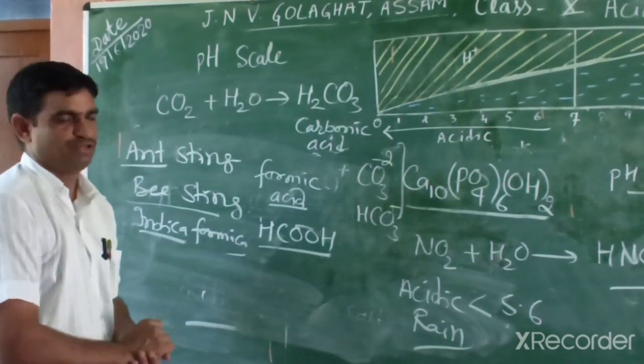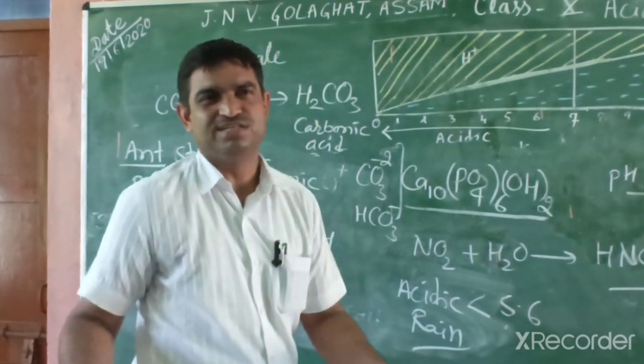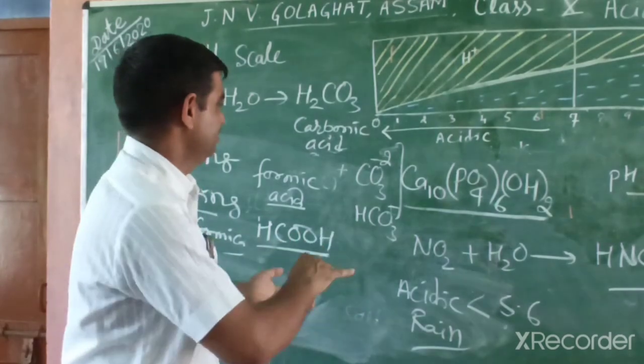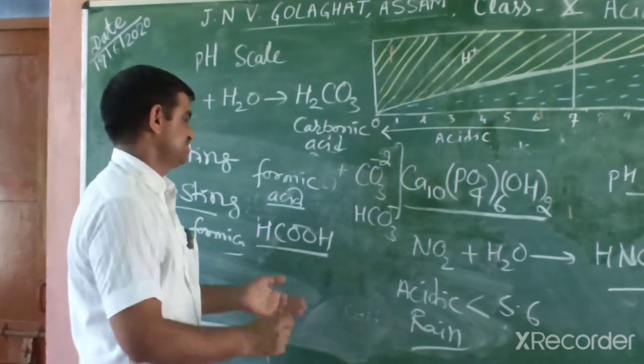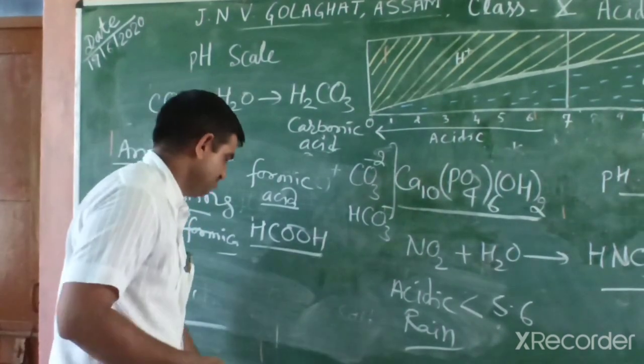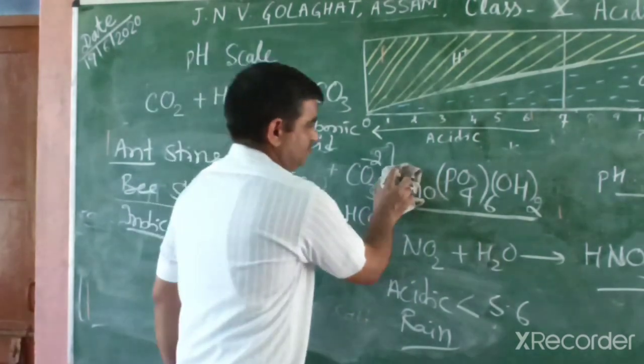So this is one importance of the remedy. If a person has no medicine, no base, then they can use Colgate very easily, and we can use a mild base like milk of magnesia or any other compound. So we can reduce the effect of an ant sting or bee sting.